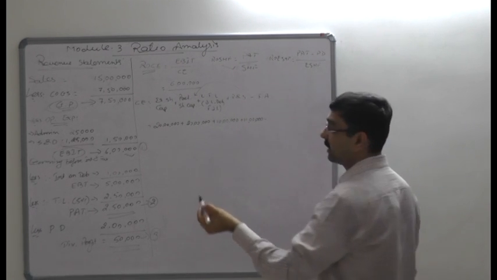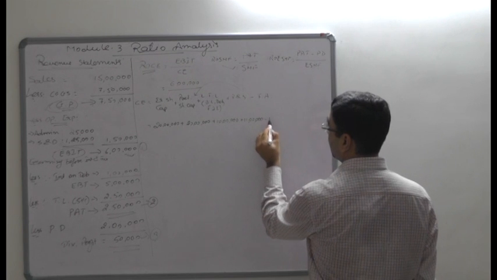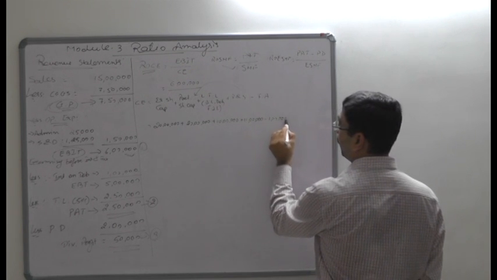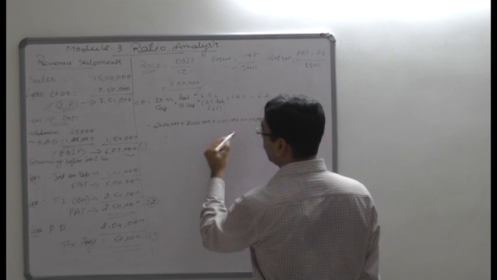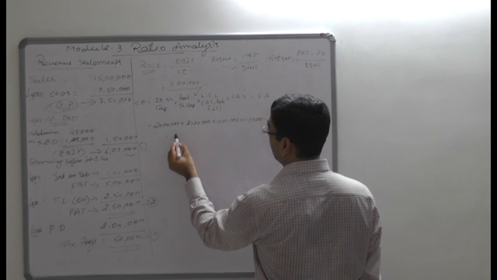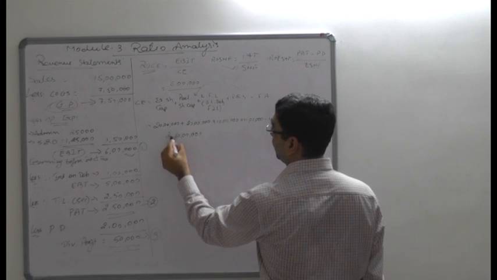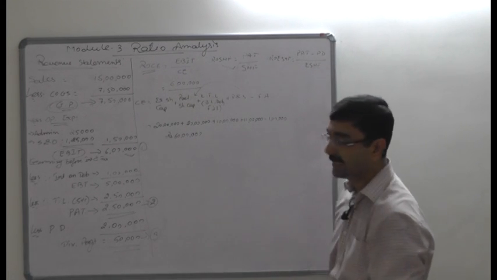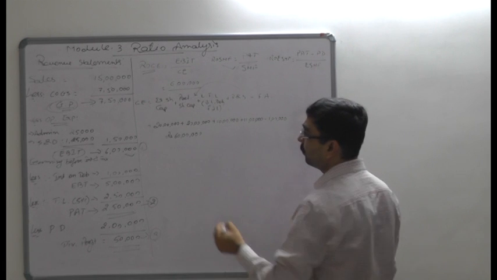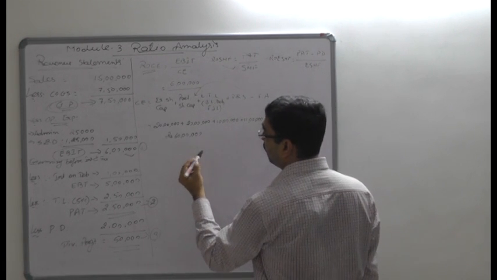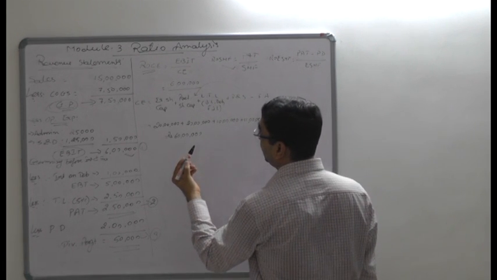Fictitious assets are 1 lakh rupees. So the balance of all this comes to around 60 lakh rupees. So the total amount of capital employed is 60 lakh rupees. Now 60 lakh rupees would be compared with the amount of EBIT.